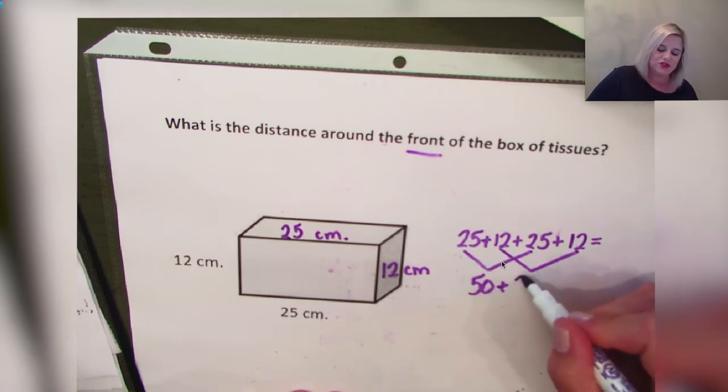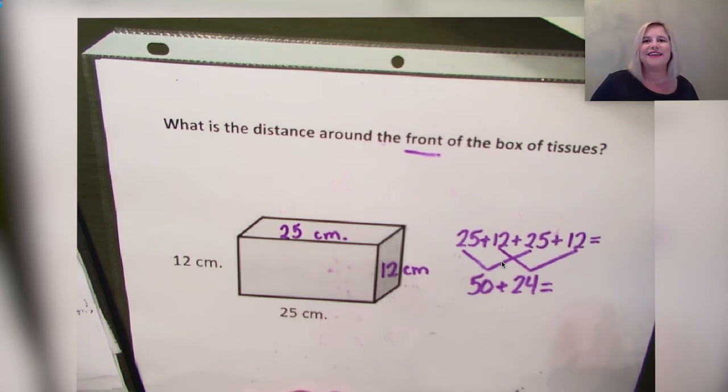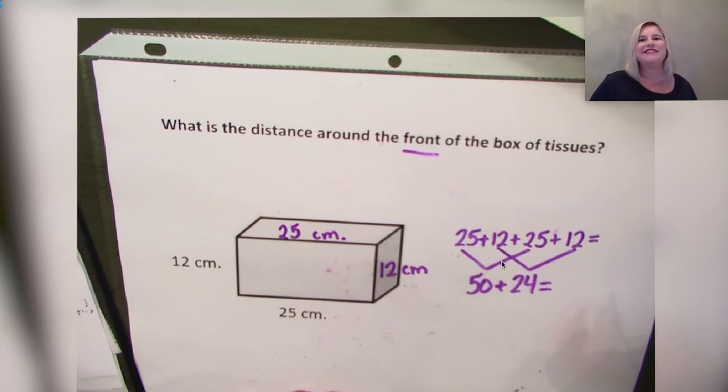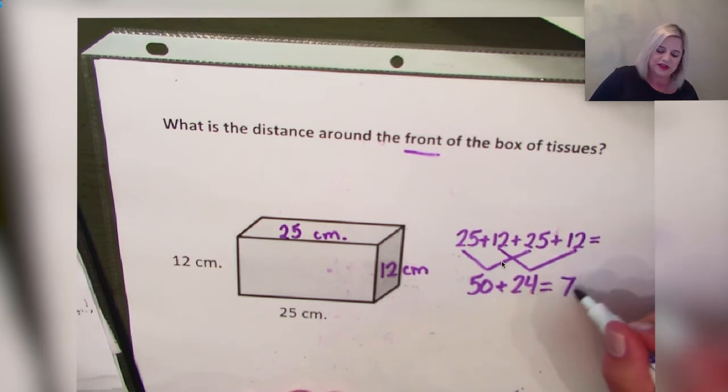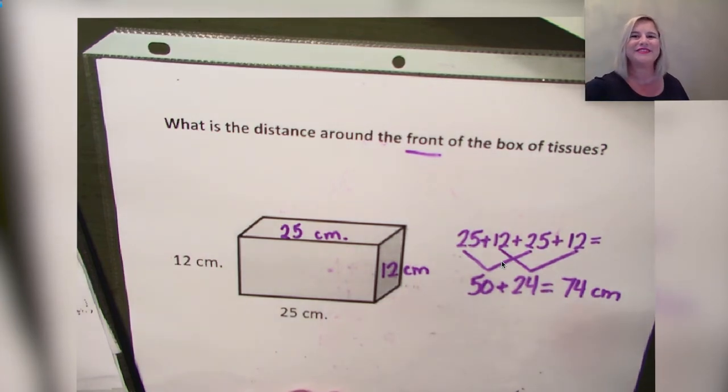Excellent, that equals 24. Now I can add them together. What answer did you get? Excellent, you said 74 centimeters. You are working very hard. I'm extremely proud of you.